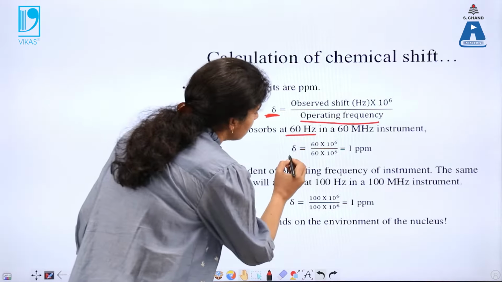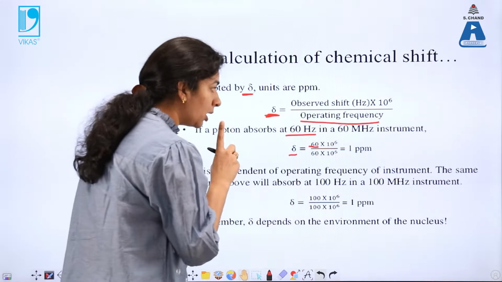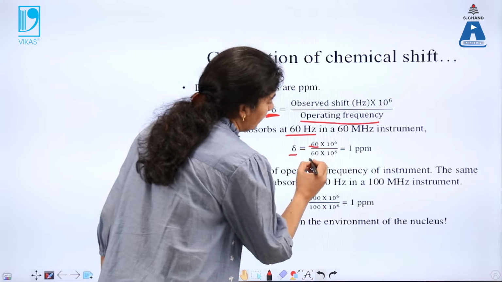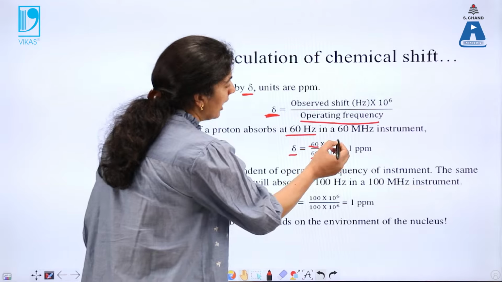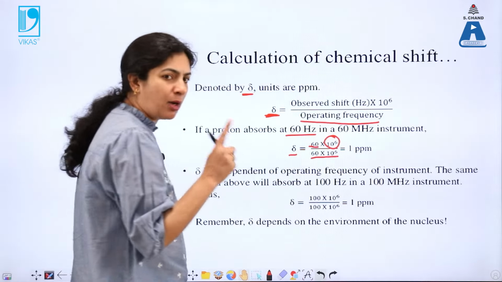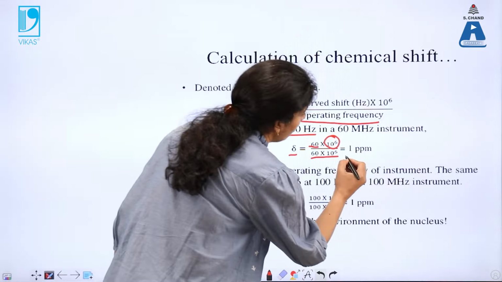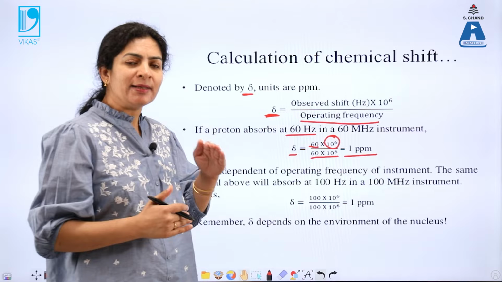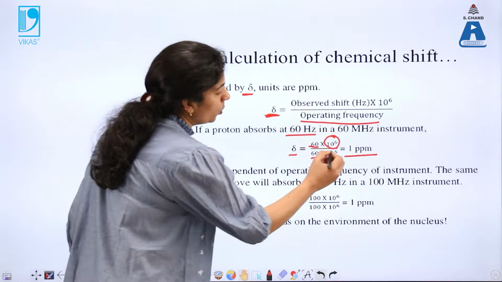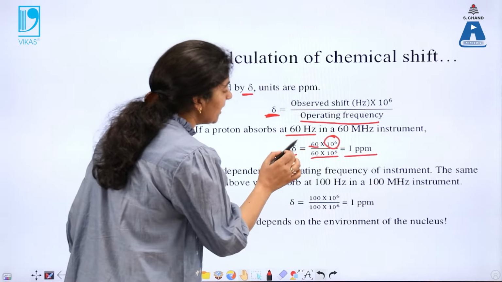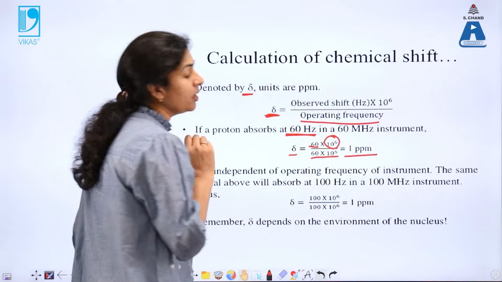We calculate delta by dividing this frequency by the frequency of the instrument, which is 60 into 10 raised to power 6, and multiplying by 10 raised to power 6 to convert into ppm. This comes out to be 1 ppm. So on a 60 megahertz instrument, delta equal to 1 ppm means that a proton is absorbing at 60 hertz.